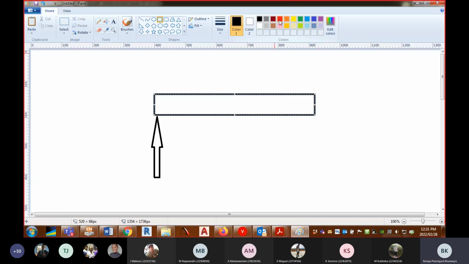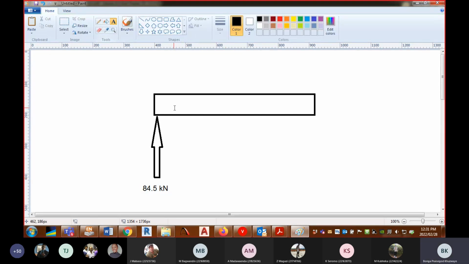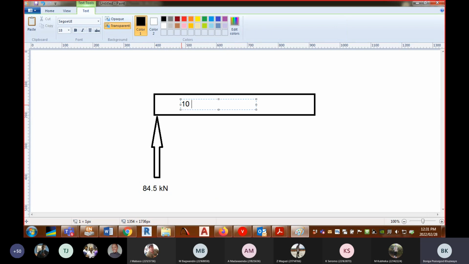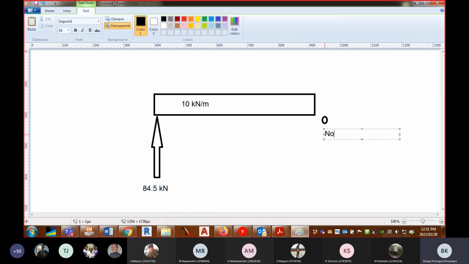The support reaction is 84.5 kilonewton, and the UDL is still 10 kilonewton per meter. And then where is node B? Node B is here. That is node B.